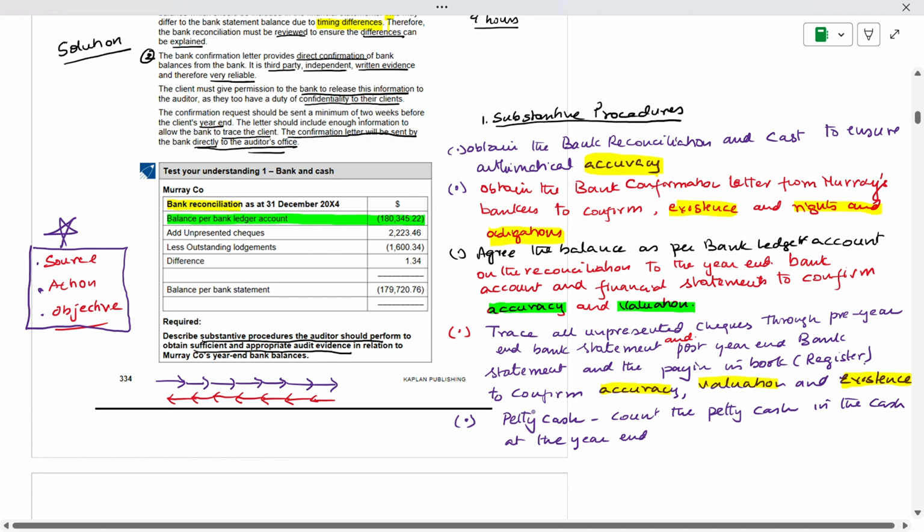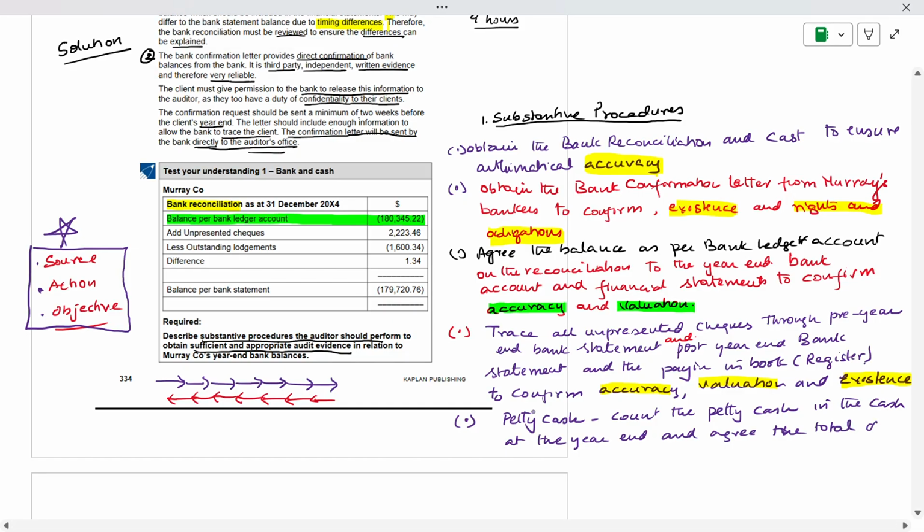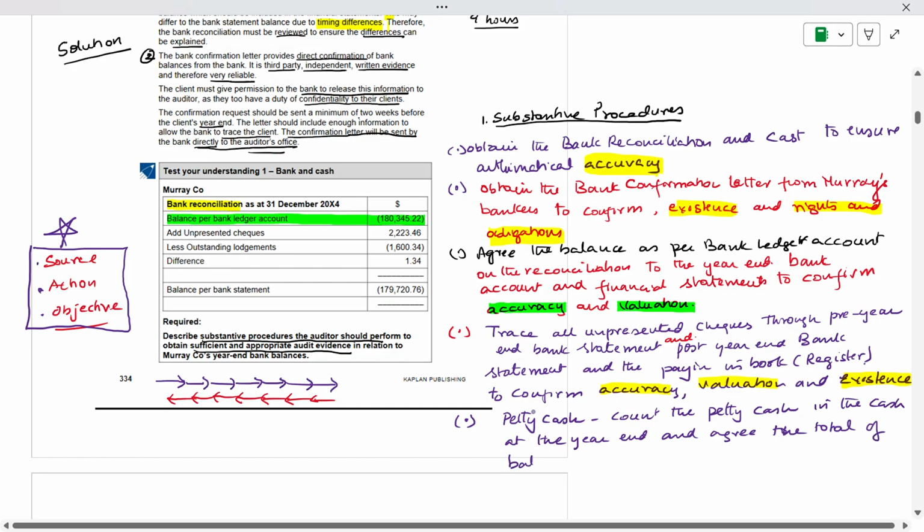month end, whatever it may be, and we are going to agree the total of balance. You can understand, it is not difficult, is it? Agree the total of balance included in the financial statements.